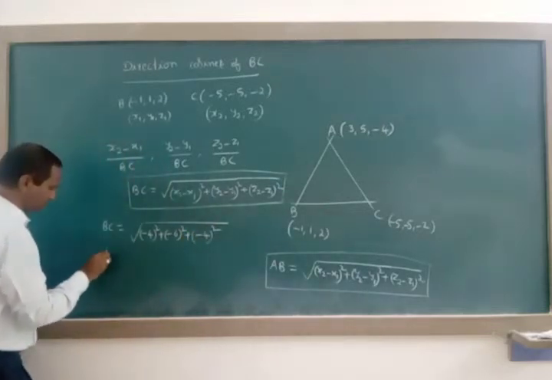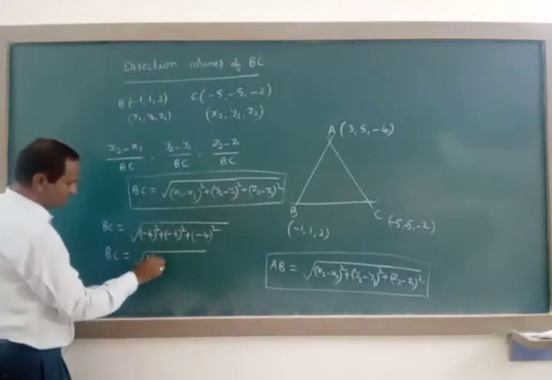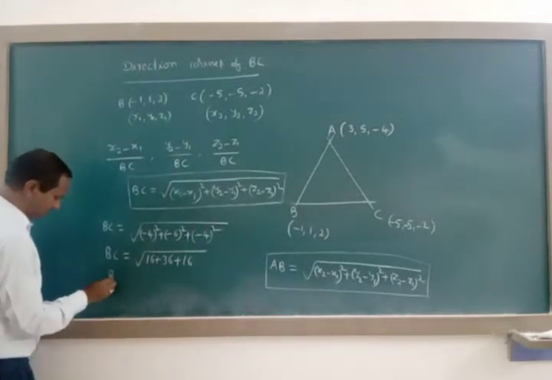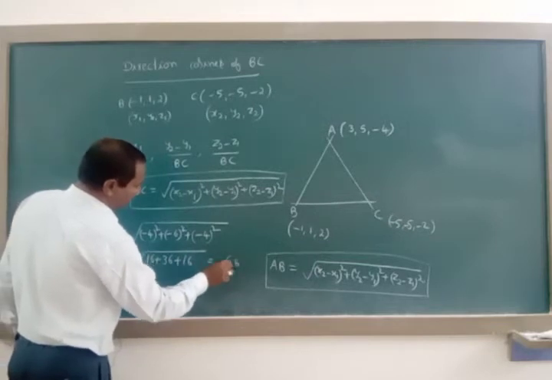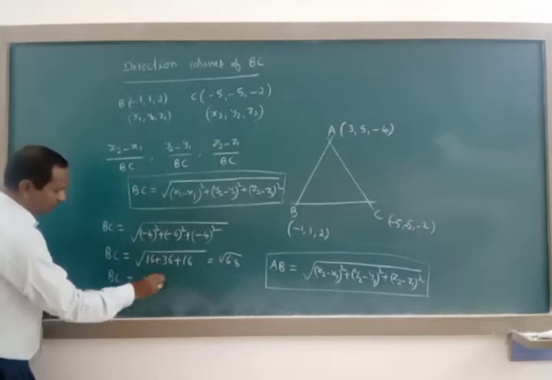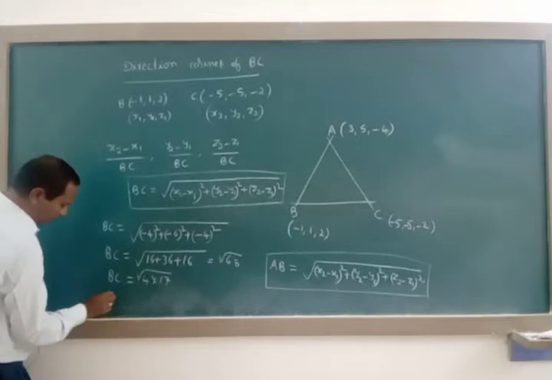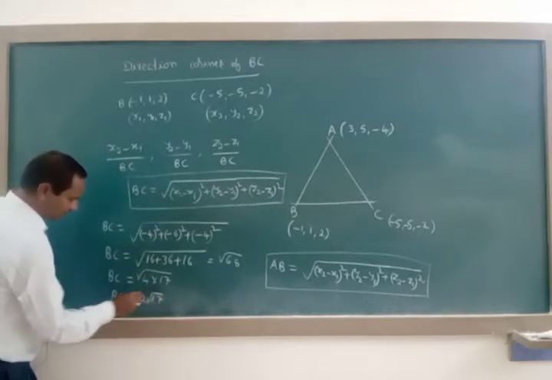That is, BC is equal to the square root of 16 plus 36 plus 16, totally 68, the same as before. 68 can be written as 4 into 17, the square root of 4 is 2, so the length of BC is 2 root 17.